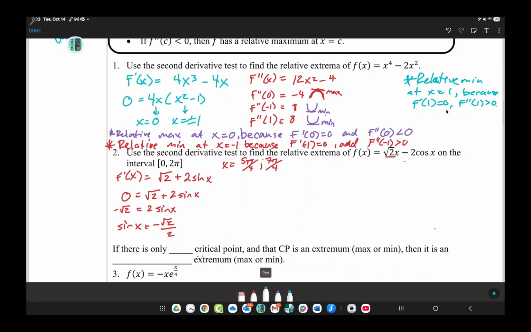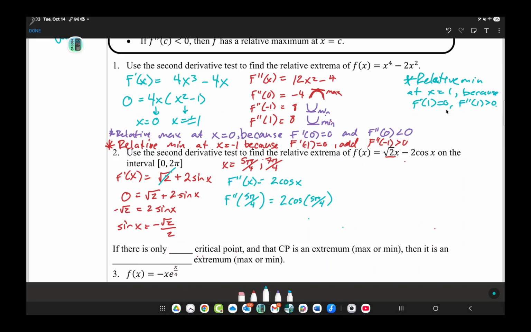All right, so we take the second derivative. Now that's gone in the second derivative. Okay, so it's just going to be 2 cosine x. So f double prime of 5 pi over 4 is equal to 2 cosine of 5 pi over 4.